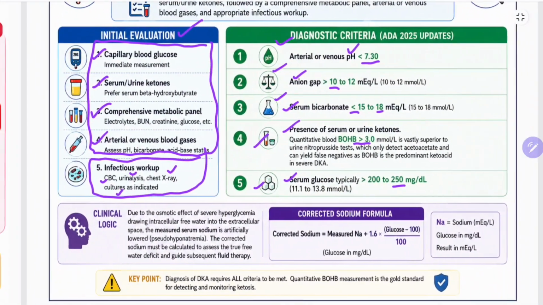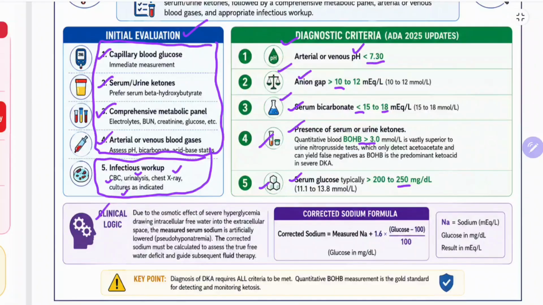Now, due to the osmotic effect of severe hyperglycemia, drawing intracellular free fluid into the extracellular space, the measured serum sodium is artificially lowered. So, pseudo hyponatremia.